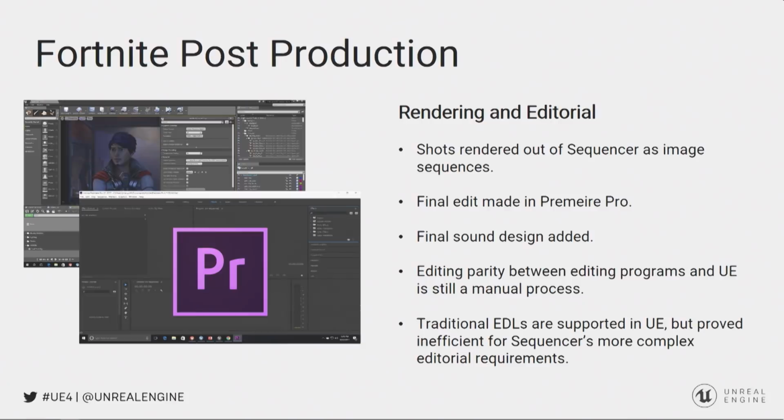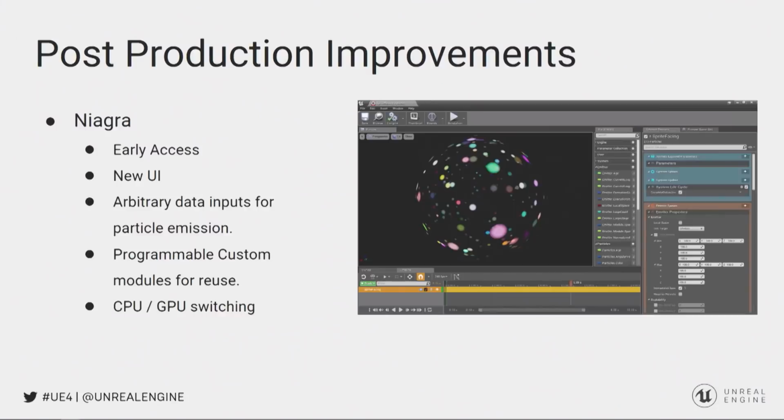For rendering and editorial during Fortnite, they used Adobe Premiere. It was a very manual method of exchanging and conforming between the two pipelines. Again, with the Final Cut Pro XML new capabilities, that's going to help improve round-tripping your data. And we're bringing out Niagara, which is now in 4.20. It's a new particle system.